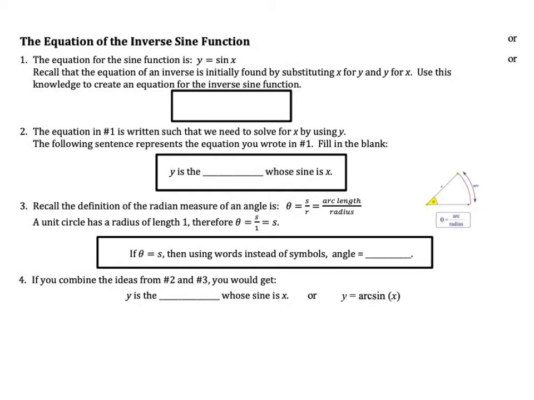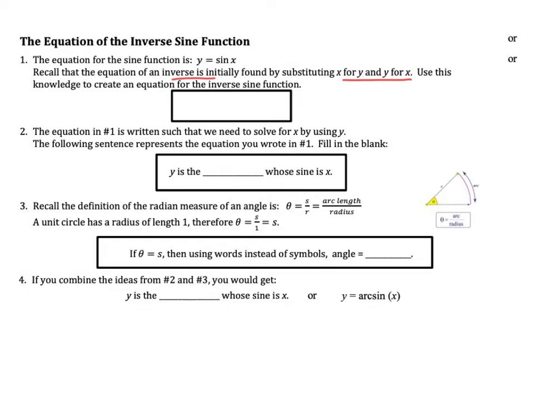Okay, now let's talk through all of these different little boxes here and read through and try to discuss what it means, although I'm just talking to myself, but hopefully you can follow along. It says the equation of the inverse sine function. The equation for the sine function is y equals sine x. Recall that the equation of an inverse, remember we already talked about it, is when you switch x and y.